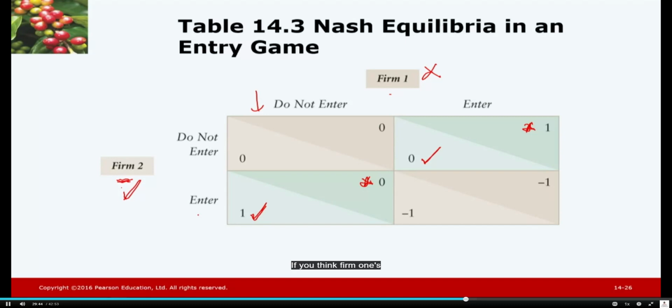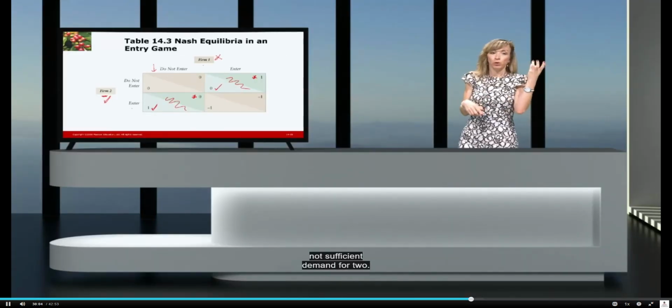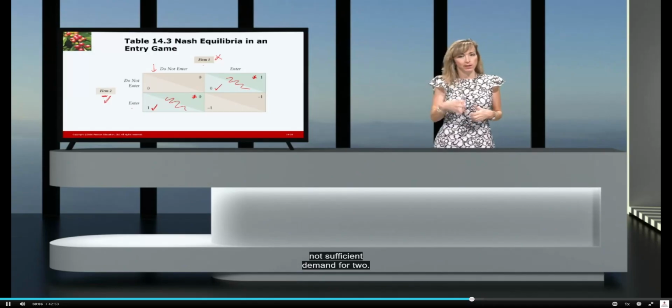Let's just get the highlighter on again, or the pen. Okay, there's one over here, and there's one over here. So two potential Nash equilibria, one where firm 1 enters the market and firm 2 stays out, top right-hand corner, or bottom left, where firm 2 enters the market and firm 1 stays out.